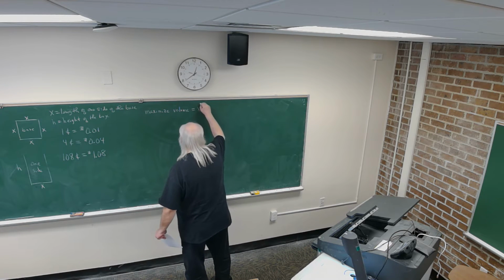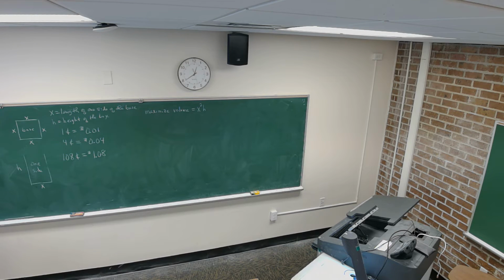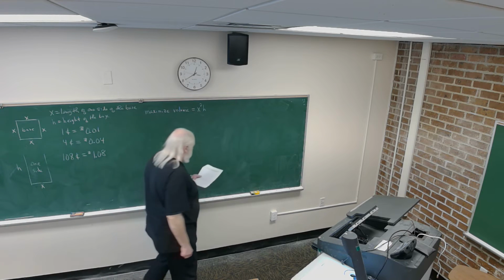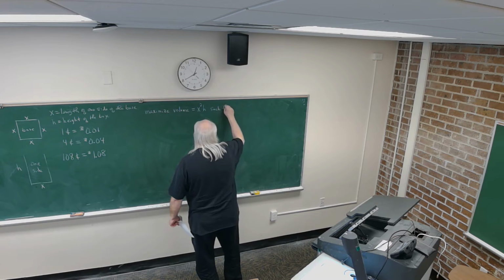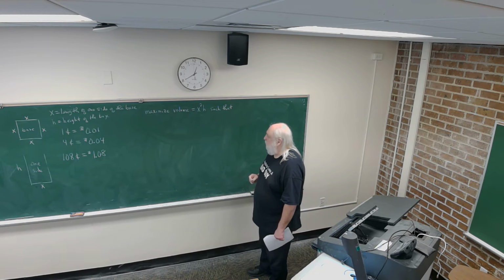So the volume is X squared times H. Just to remind you, volume is length times width times height. So length times width is X times X, and height is H. So we have to maximize that volume subject to a budget constraint.